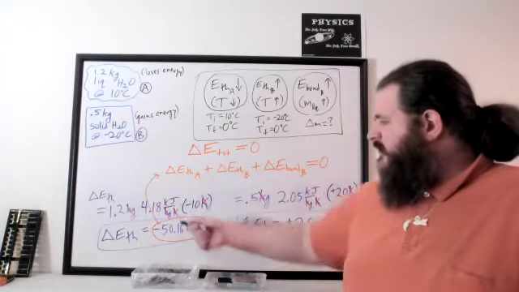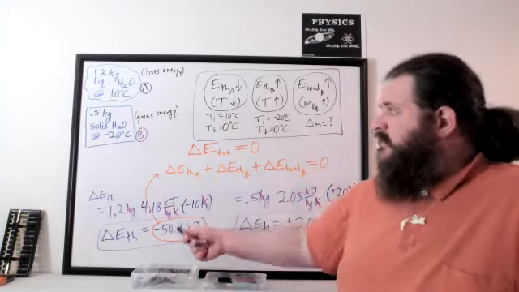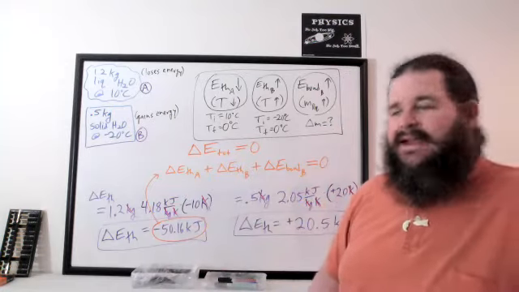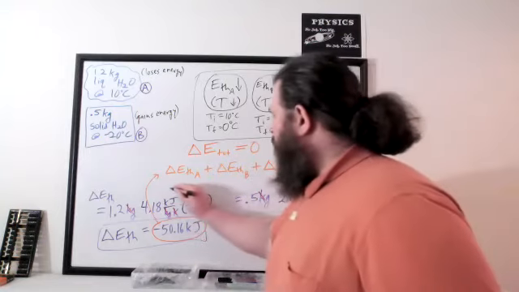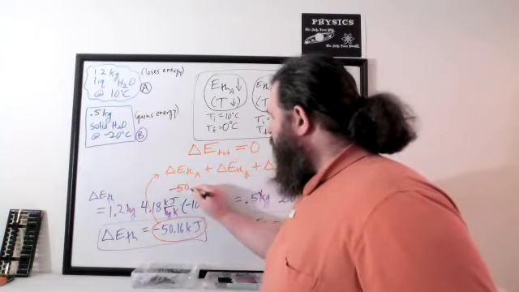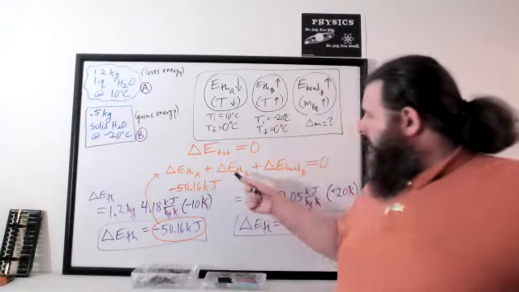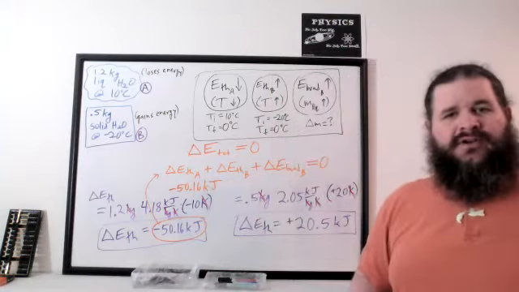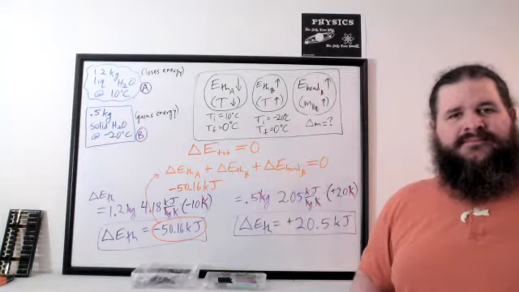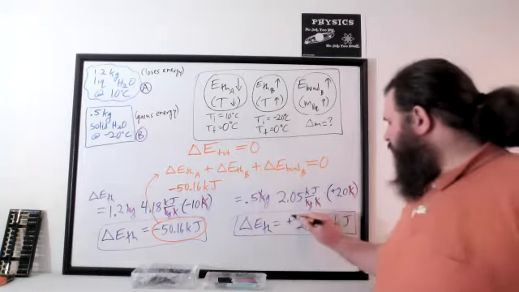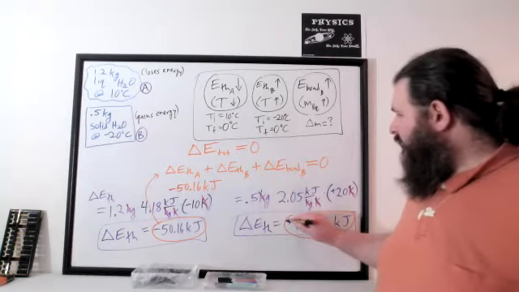We know that, because this was a maybe, what if object A cools down to 0? We know that it really does cool down to 0. So we can use this value, negative 50.16 kilojoules. And what about object B warming up to 0 degrees? Yeah, the plus 20.5 kilojoules, we can use that as well.